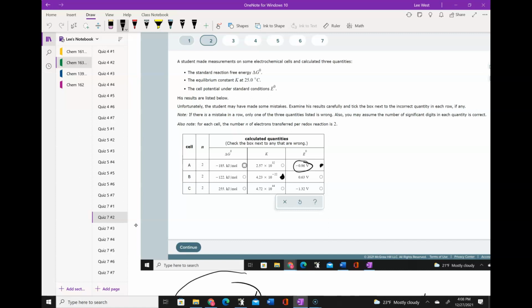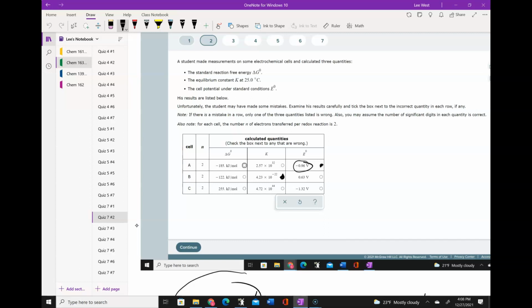In the final one, delta G is positive. So we would expect a small K less than 1 and a negative E naught, because this is describing a non-spontaneous process.